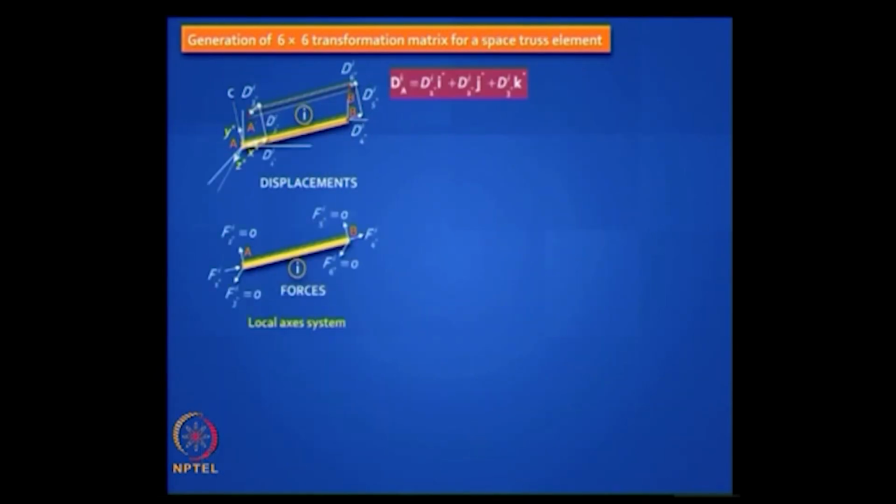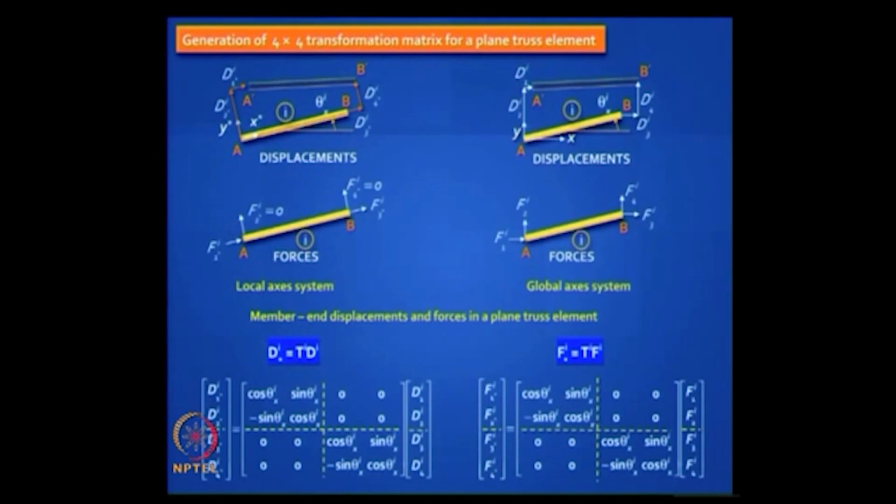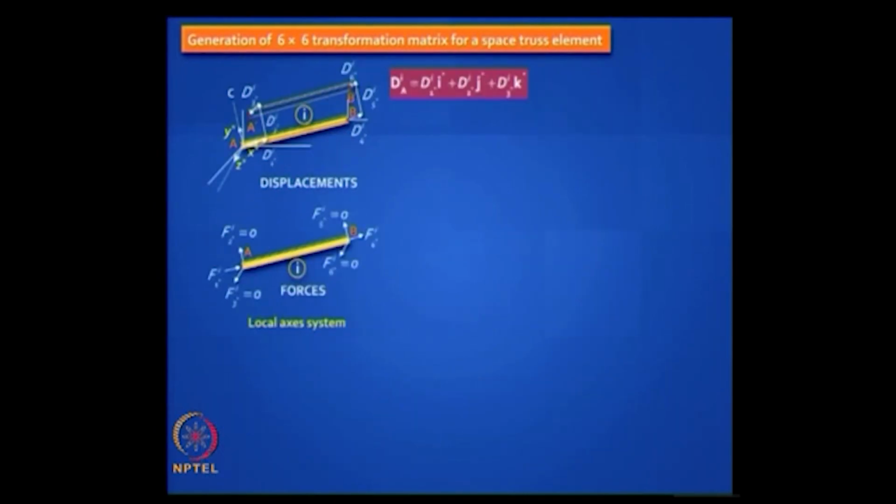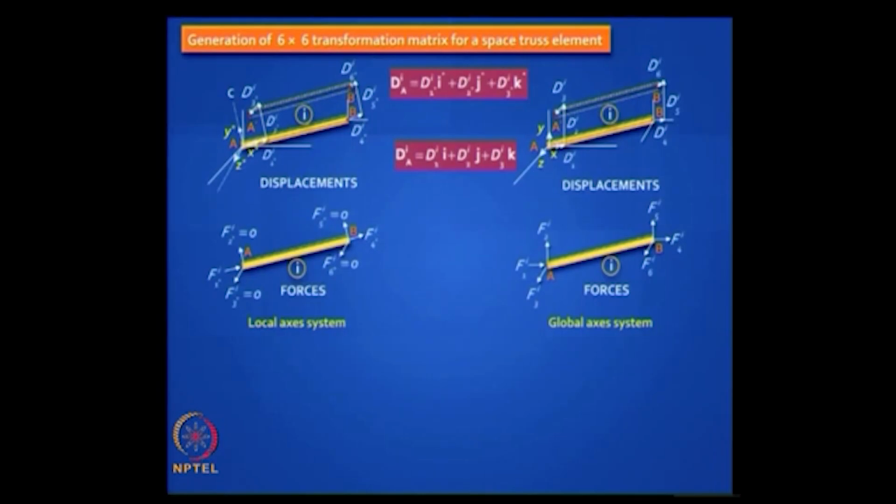Lastly, and this is the most difficult of the lot, if you have a 6 by 6 space frame element, how do you do the transformation matrix? No, this is really complicated because you have an element in space, you have x, y, z, and you have x star, y star, z star.